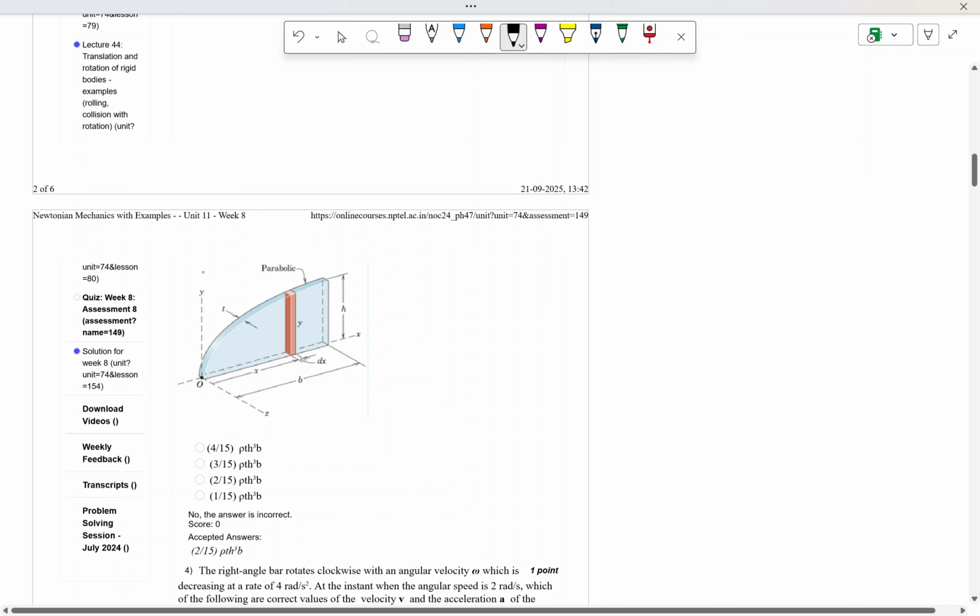So this is the diagram they are talking about. This is a very thin plate, and the upper boundary of this plate is going in a parabolic form, from 0 to this.